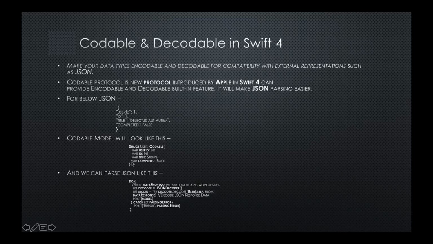And then once you have the struct, you can use this. Okay, and we can parse the JSON like this. So JSONDecoder is the class, and with the decoder you can decode User. User is the Decodable struct, and then from data, response.